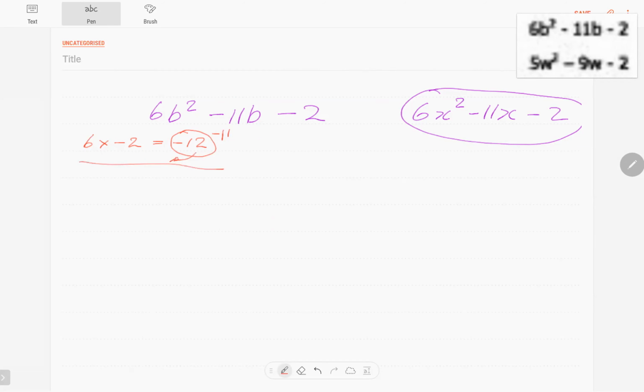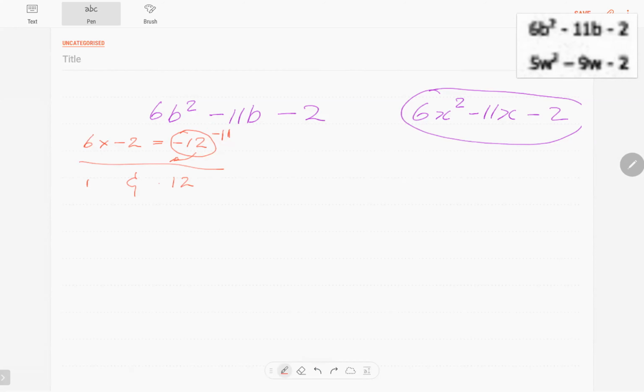The first factors of 12 are 1 and 12. Since you want factors of a negative number, one factor will be positive and one will be negative, and you have to give the larger one the sign of this thing here, which is negative.